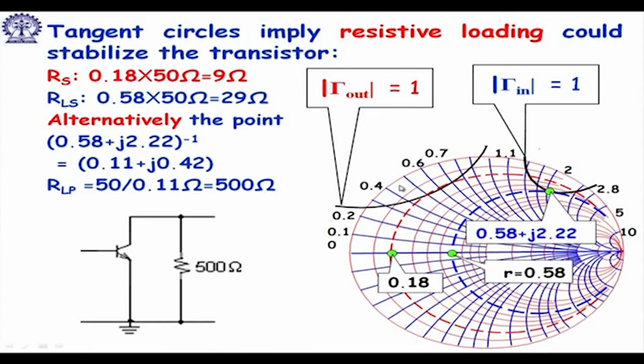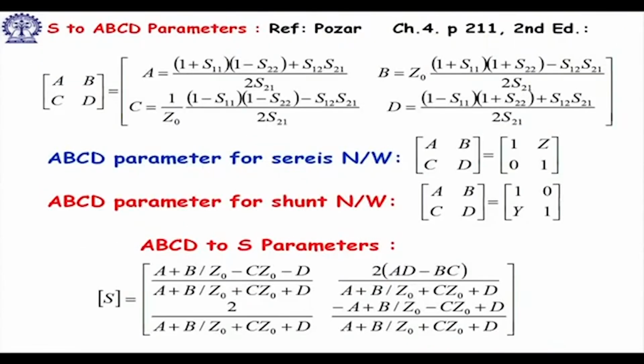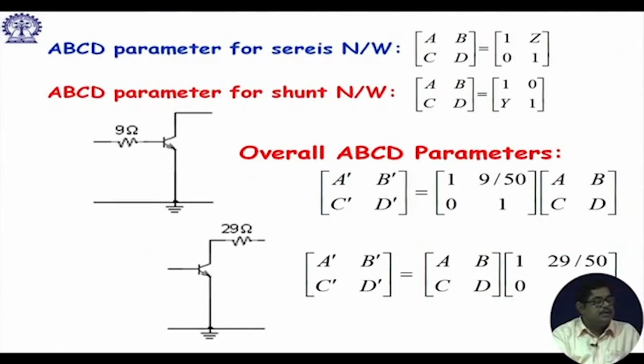From that I can go back to the composite S parameter, and from that I can again see whether this resistive loading has stabilized it, because this composite thing now needs to pass the Rollett stability criteria or mu test. So, that we will be doing, these are the formulas you can refer to.